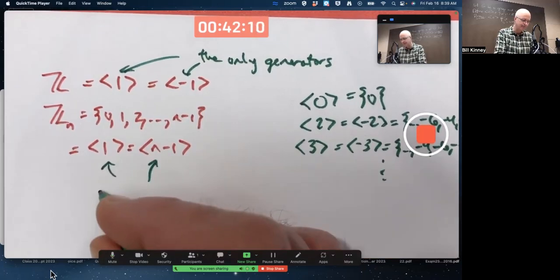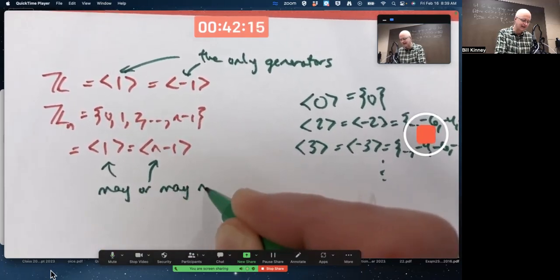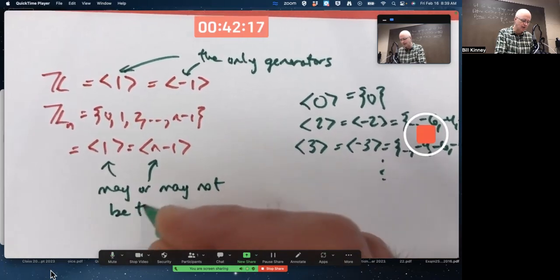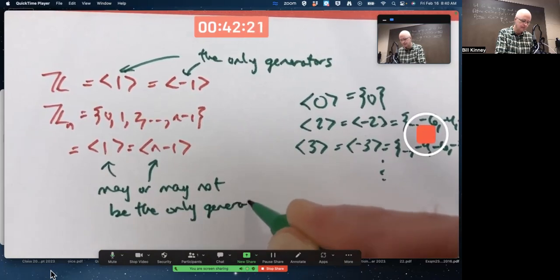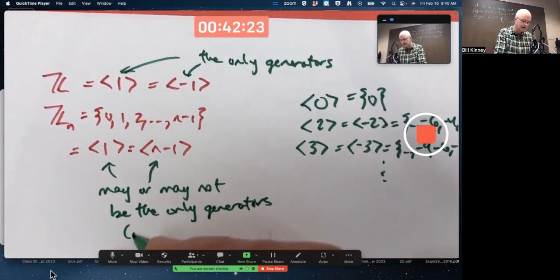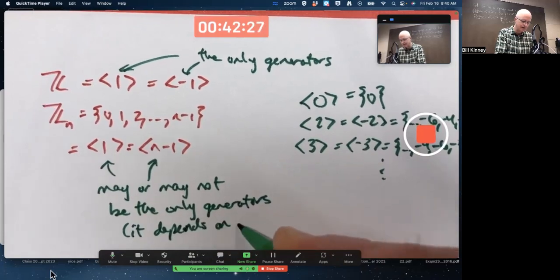All right. May or may not be the only generators. It depends on the value of n.